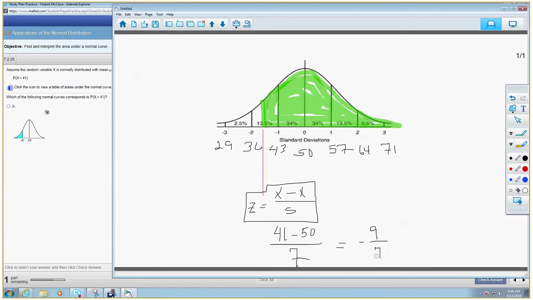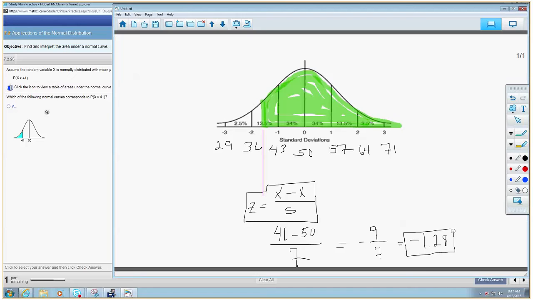And that's going to be negative 1 point, and 7 will go in 7, 1.28. Thank you.